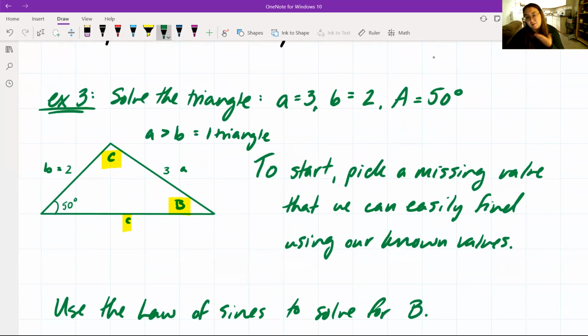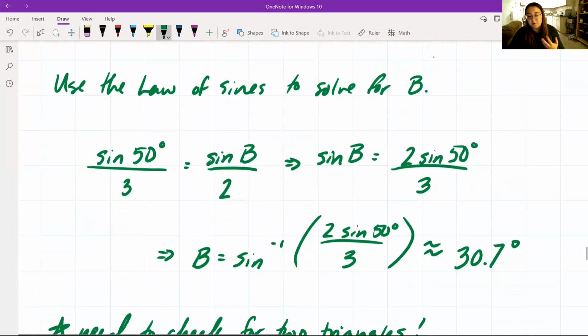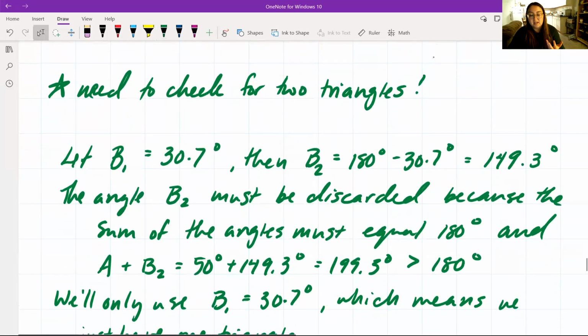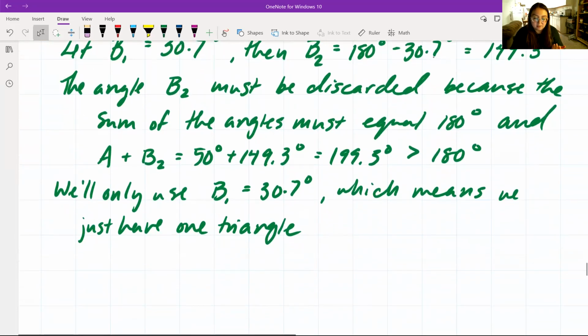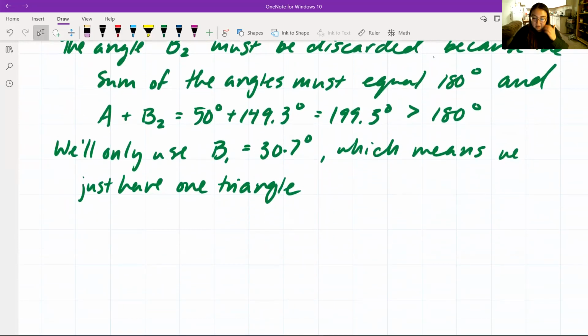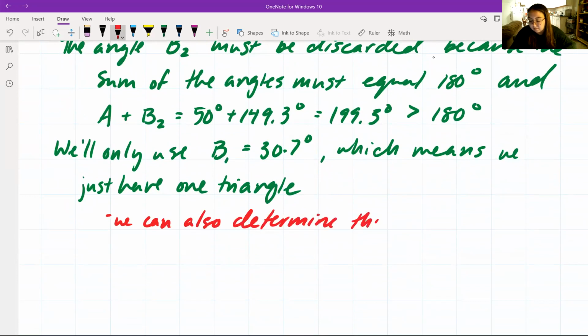So this was another easier way that we could have solved this, but using our law of sines would also lead us to this case if we always checked for the possibility of having two triangles. You can just put in a note here: we can also determine this since a was greater than or equal to b.